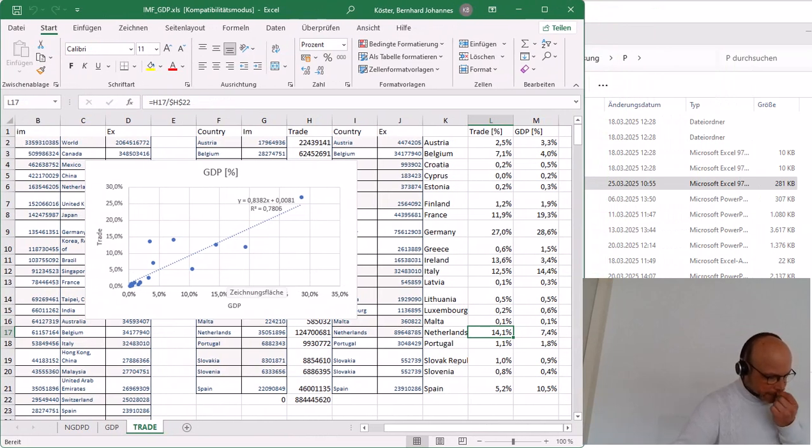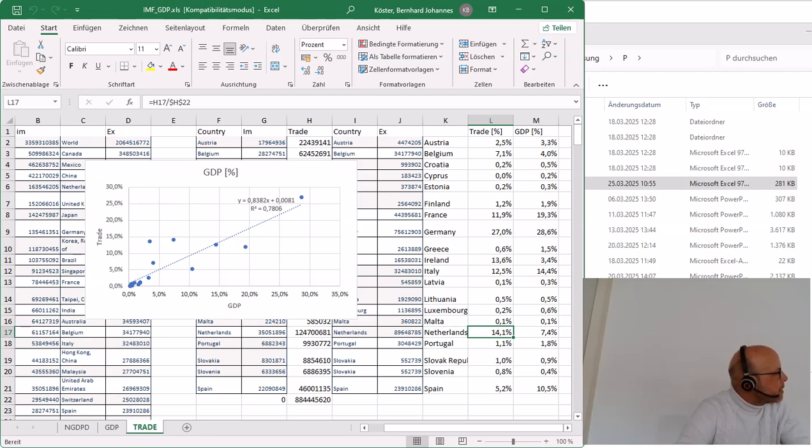Okay, so there we have found this positive dependence between the relative size of a country and the relative trade volume.